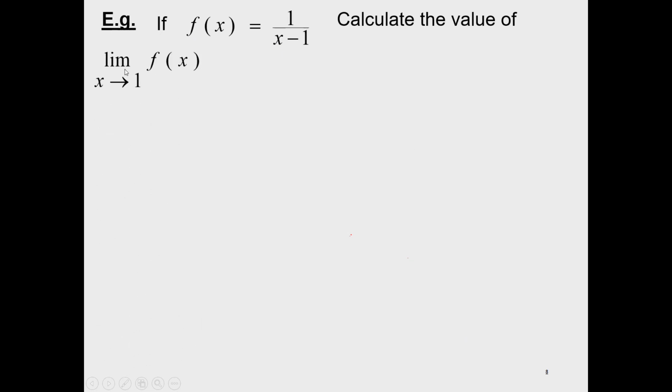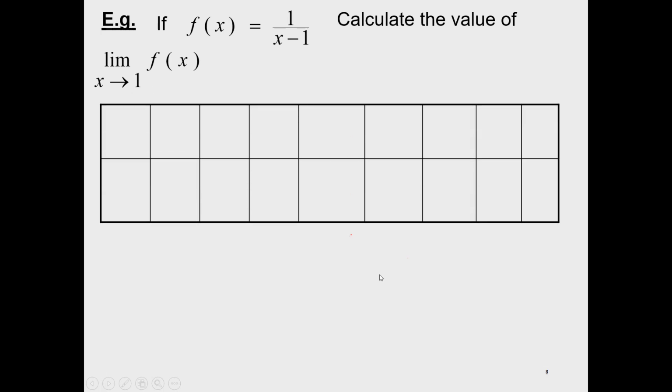So this time the point of interest is 1, so we have to see what is happening near 1. If you use the table of values method, you can put 1 in the middle, and you can approach 1 from all sides, from left hand side and from the right hand side.